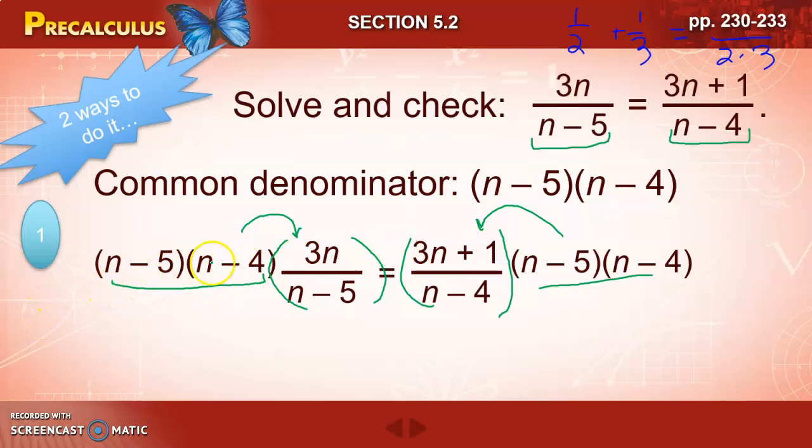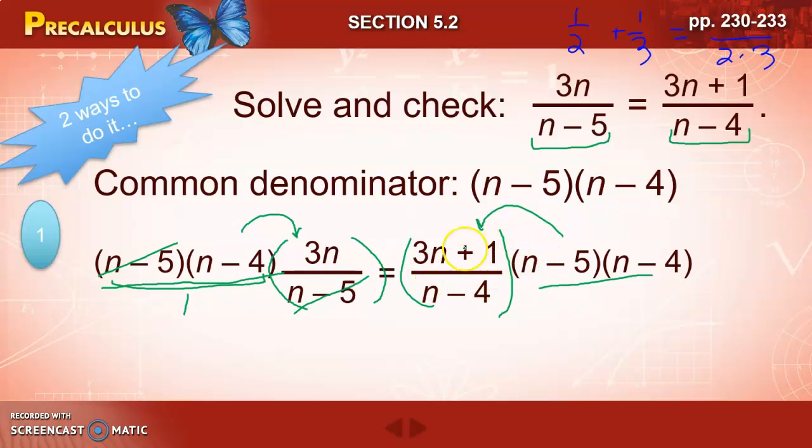Well, when we're multiplying, this is n minus 5 times n minus 4 over 1, by the way. You can see that this has an n minus 5 on the top, and there's an n minus 5 on the bottom. So we could multiply them out and then cancel, or we can recognize that those are going to cancel each other out. So we can go ahead and cancel at the beginning. That just leaves us 3n times n minus 4.